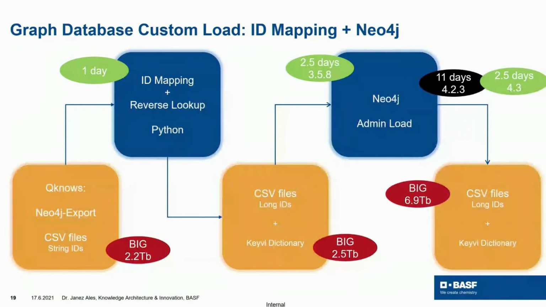So the textual data was prepared well with unique IDs. The trouble was that some of these IDs, in order to make them unique, the external provider made them 80 characters long. Of course, that's way too long. And we needed to map this into long integer IDs here in the middle orange block.